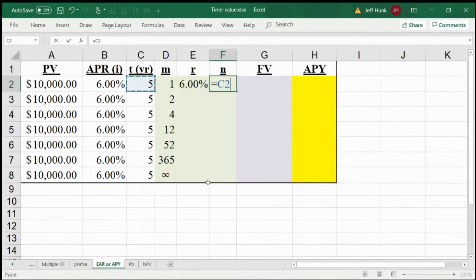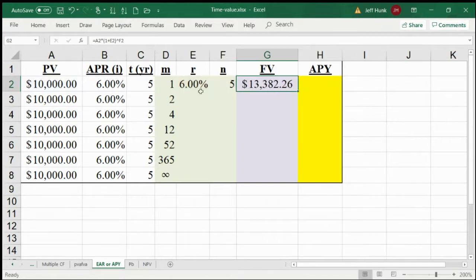The total number of compounding, because it's annual, is going to be 5, right? So the future value will still be P times 1 plus R raised to N, right? There you go.